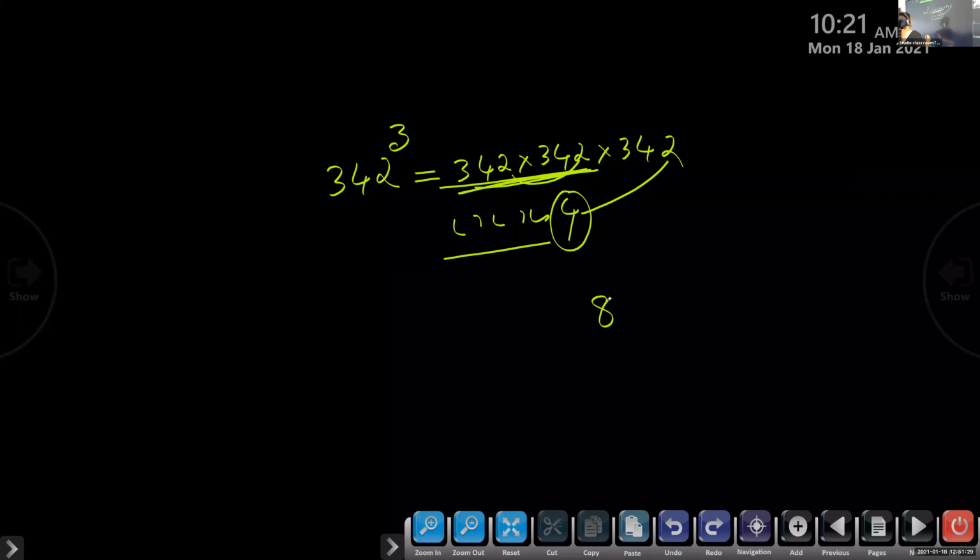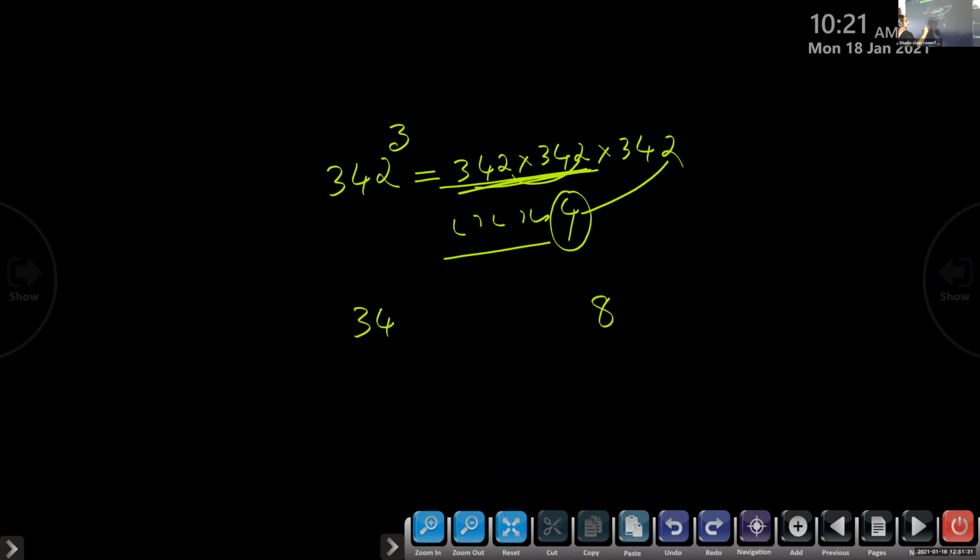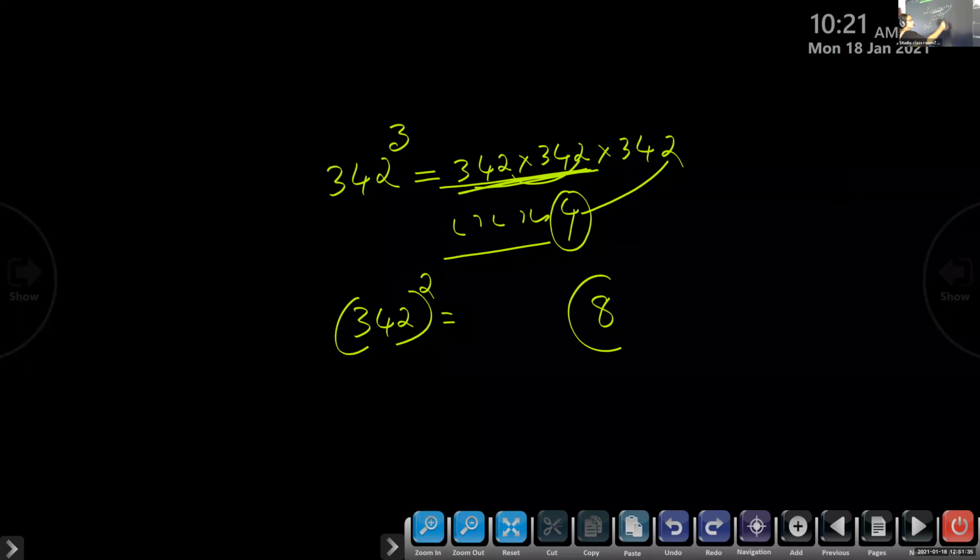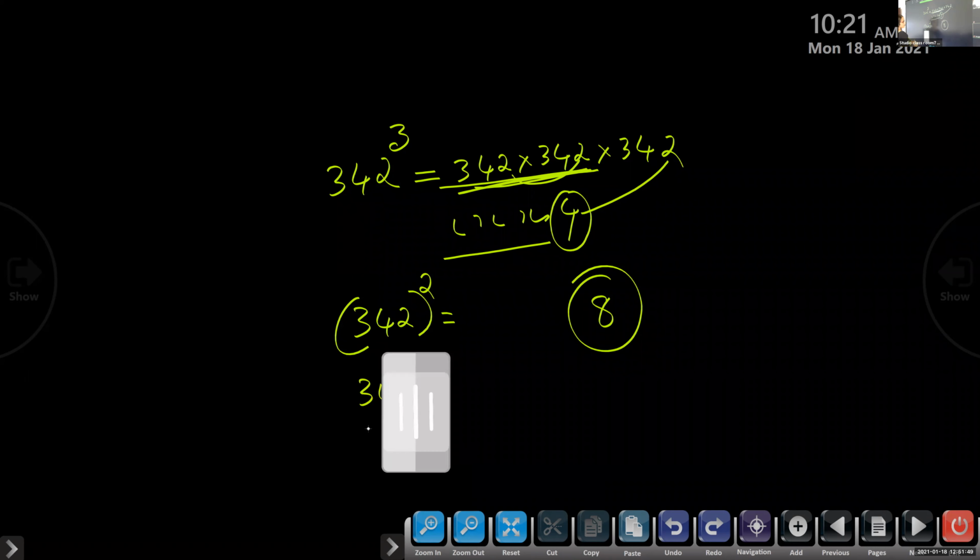So the unit place of 342 cube will be 8. Okay, no need to study all those properties by heart. We can find out the unit place of the cubes. So all of you try: what will be the unit place of 86 cube?